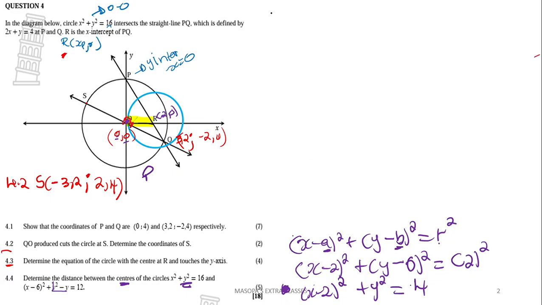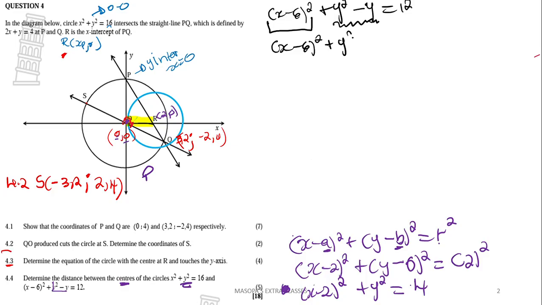So we have (x minus 6) all squared plus y squared minus y, that is equal to 12. Now we have to complete the square, but this section is fine, so we're going to complete the square in the y section. Let me write (x minus 6) all squared plus y squared minus y, right? When you complete the square, you add half of the coefficient of y, which is 1, divided by 2, and then all squared.